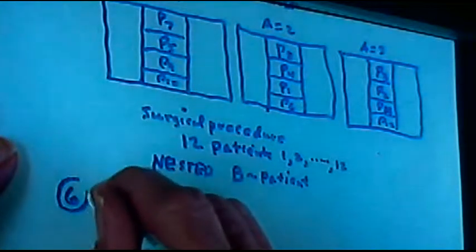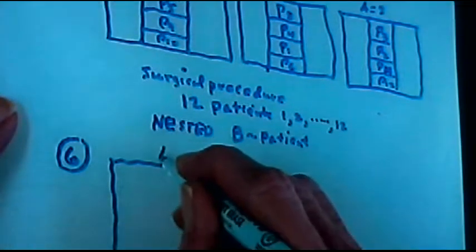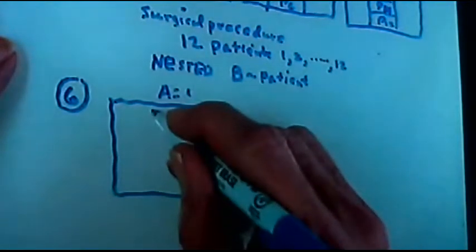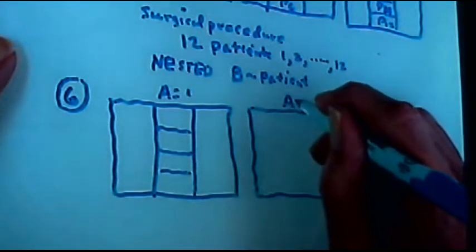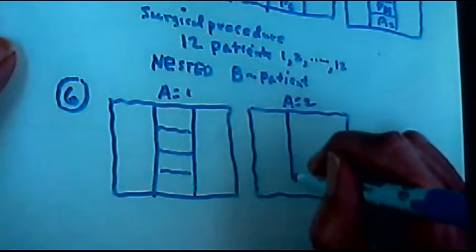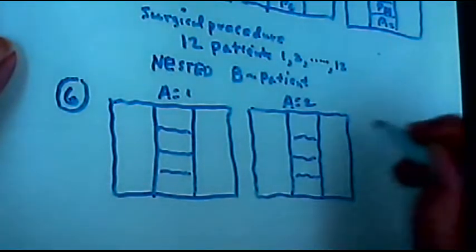So here's hospital 1. And there's 4 subparts. Here's hospital 2. And there's 4 subparts. We finally hospital 3.